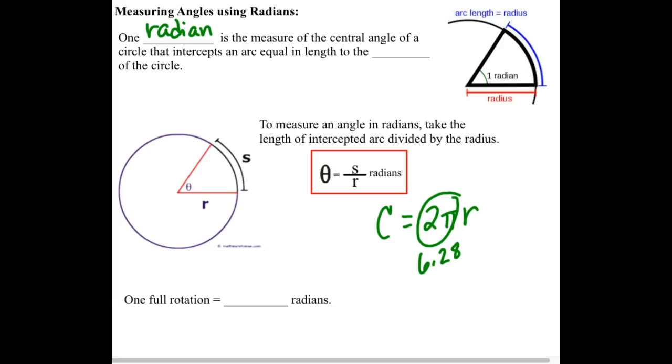That intercepts an arc equal in length to the radius of the circle. Okay, so again, if we measure this length, that's 1 radius. If I curve that around the outside, 1 radius, it creates an angle here that we refer to as 1 radian. Okay?